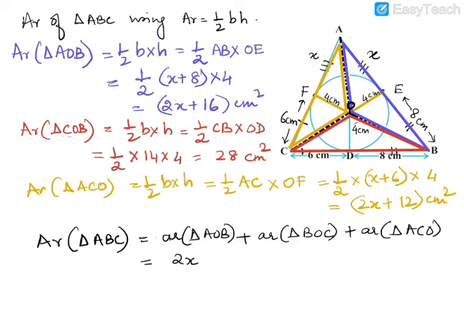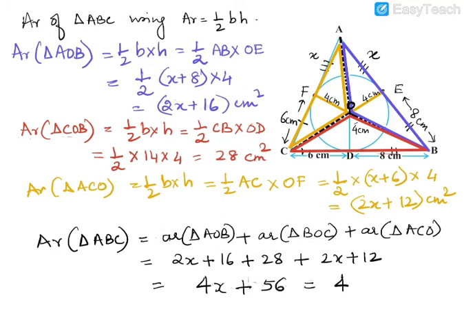Substituting the areas for each of these triangles, we get 2x plus 16 plus 28 plus 2x plus 12, which is equal to 4x plus 56. We can take 4 common, so we get 4 into x plus 14 centimeters square. Mark this result as 2.